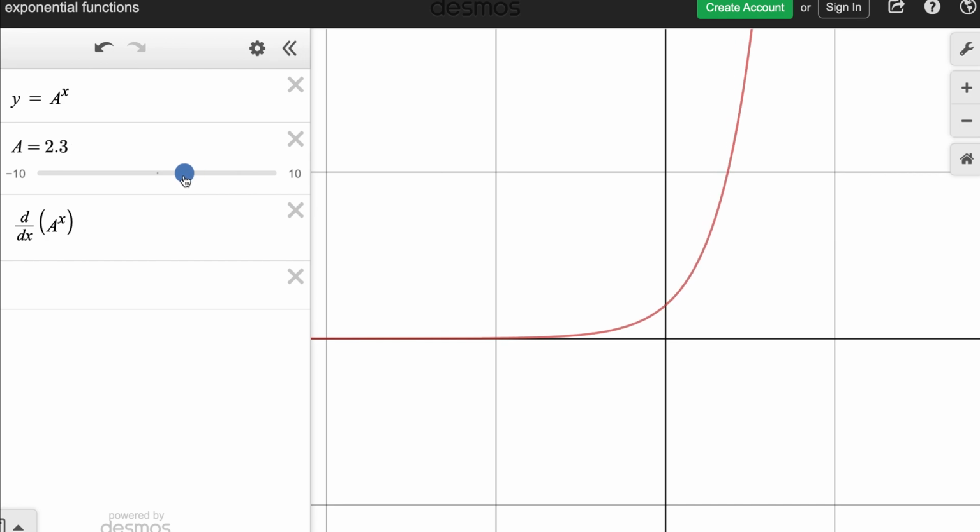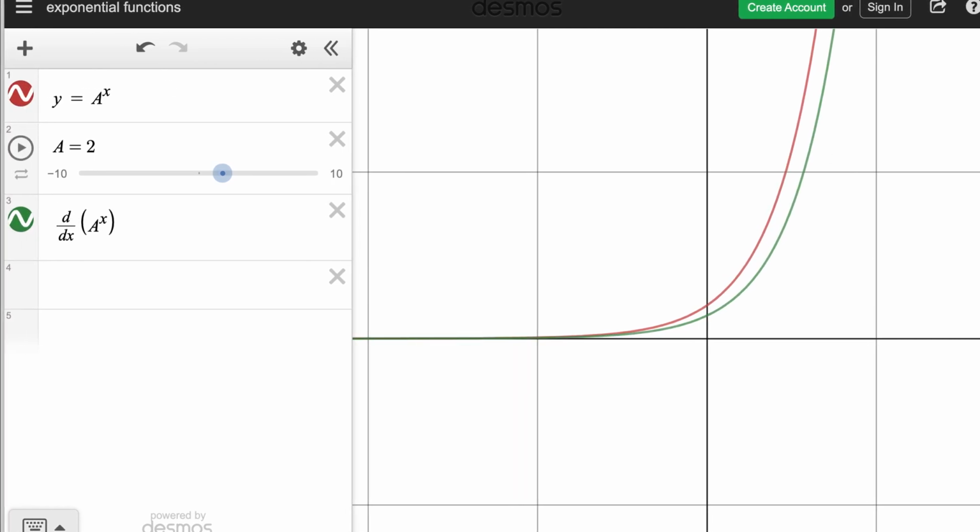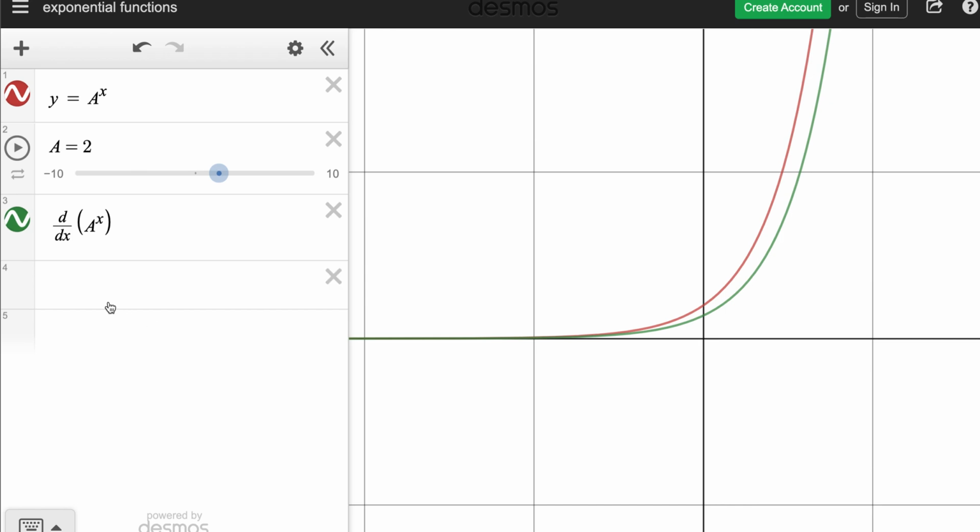And what I'm also going to do is get Desmos to draw me that gradient graph that we were talking about. The red function is the function itself, and the green line is the differentiated version of the exponential function. And we've already seen that we get another exponential function.